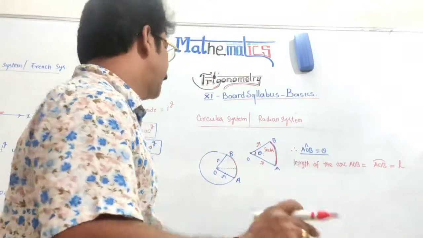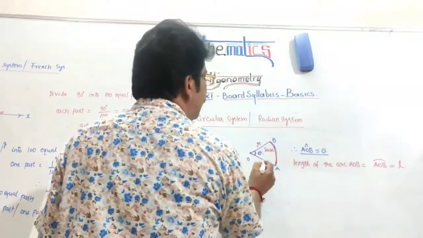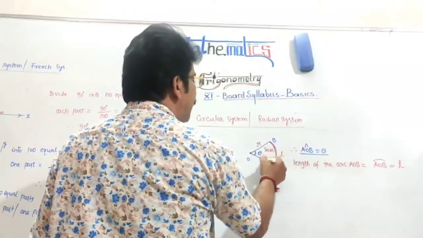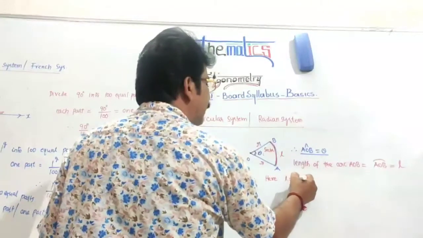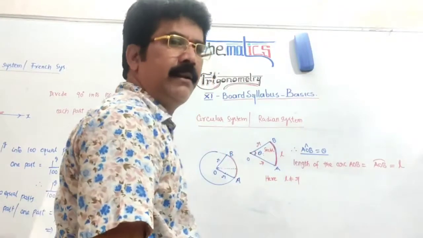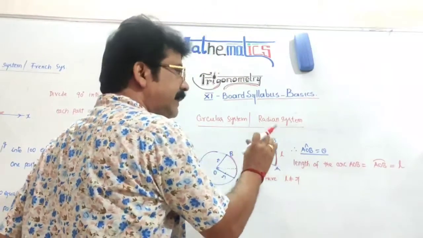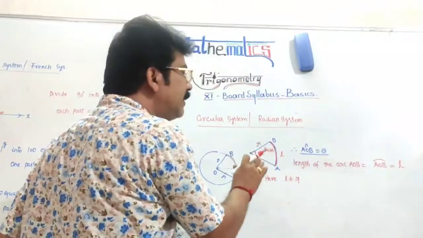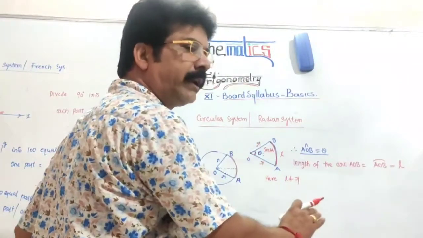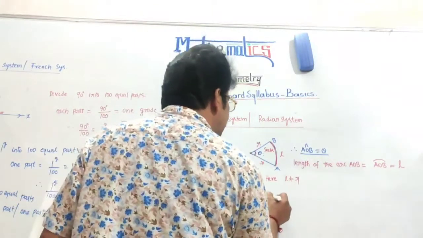Next, let us compare L and R. In this case, L is not equal to R. So theta is the angle made by the arc at the center of the circle, whereas L is not equal to R.